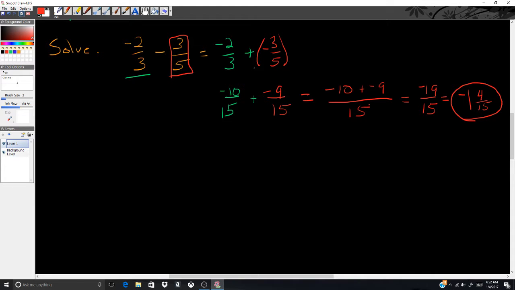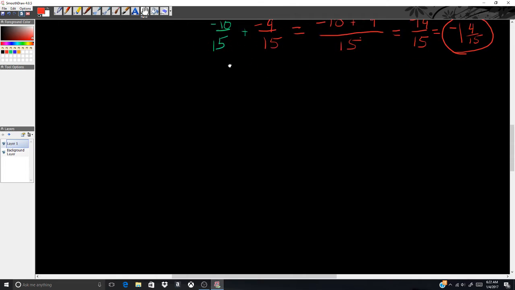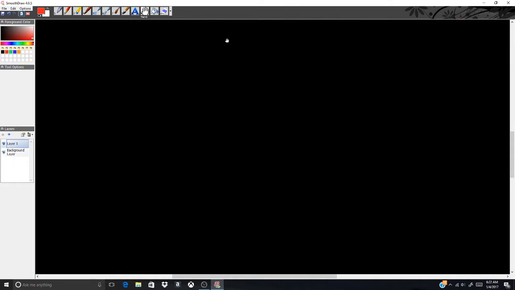Now the next problem, what I'm going to write down is it's going to ask you to do the same type of solving the problem, but it's going to give you multiple solutions. Okay, so I'll get my writing tool back up there, and we'll go back to green.